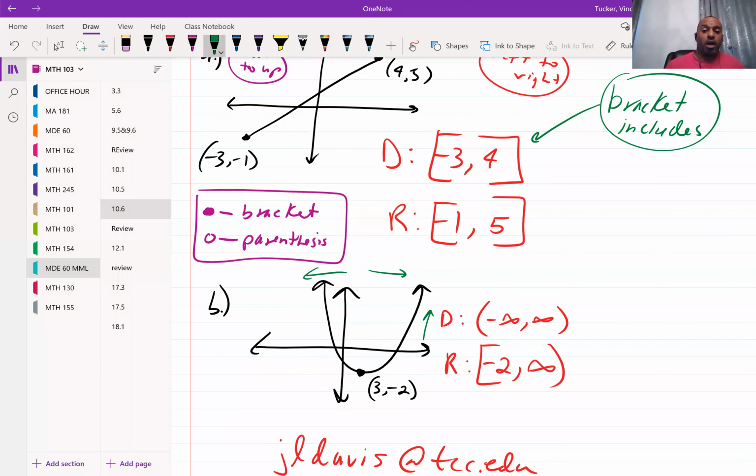And then when we look at our range, our lowest point is 3, -2. Now, don't forget your range are your y values. So we wouldn't use the 3, we would use the -2, and then it goes up. So that means that's going from -2 to infinity.